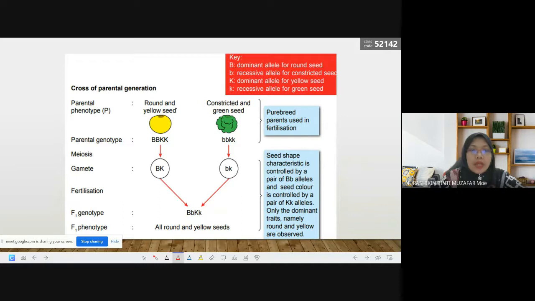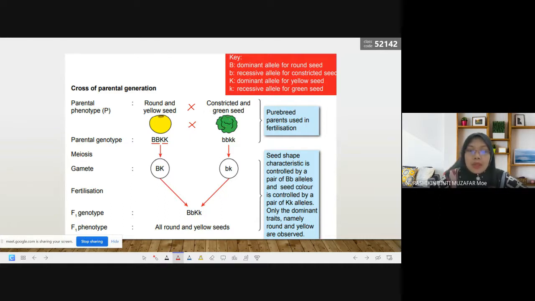So we need to write the parental genotype, big B, big B, big K, big K, because what Mendel did first was cross purebreds, meaning both are dominant, homozygous dominant. Then the cross. Please write this cross; I don't know why the textbook is missing it, but it is important. The cross is between the constricted and green seed, which is recessive. Both are recessive, homozygous recessive.